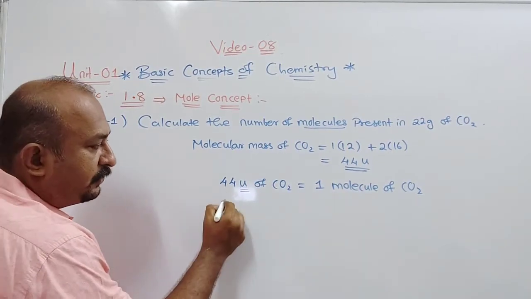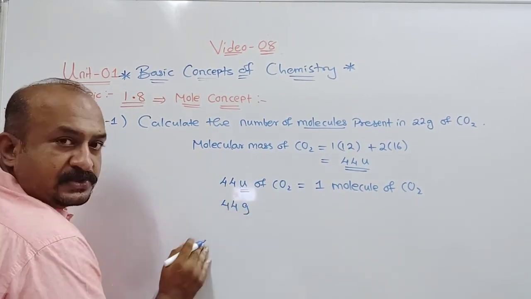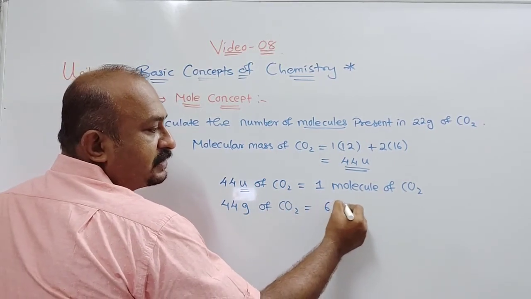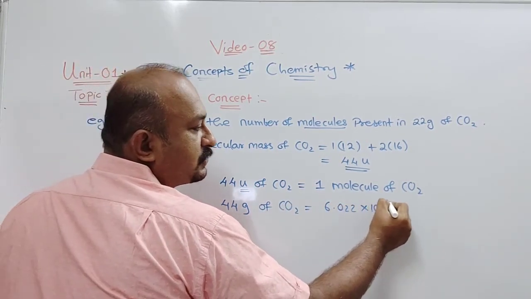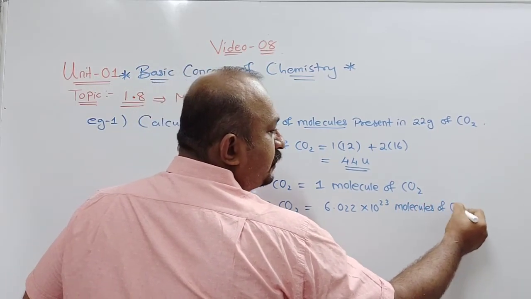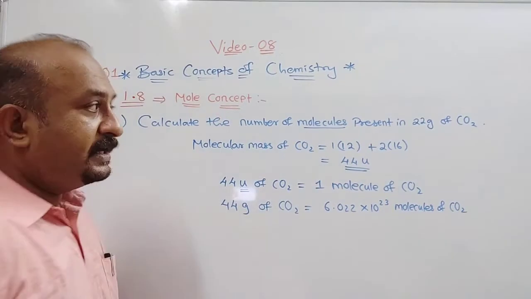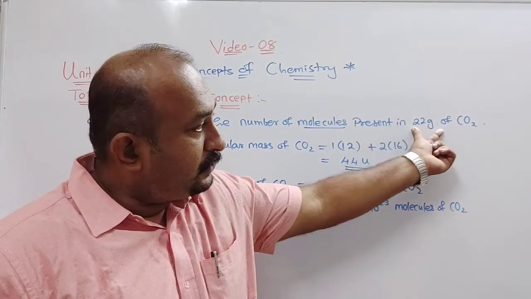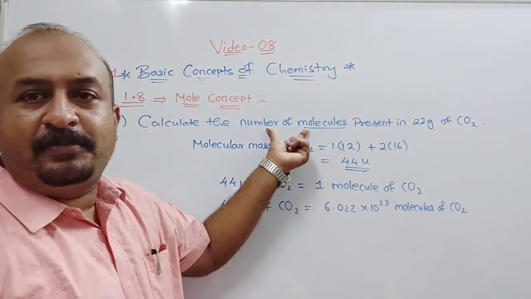Now if I convert this 44 U into grams, 44 grams of CO2 is equal to 6.022 into 10 raised to 23 molecules of CO2. The question asks: in 44 grams this many molecules are there, so in 22 grams of CO2, how many molecules?